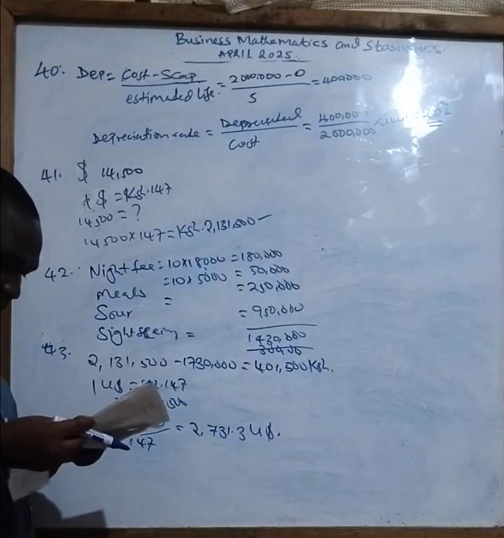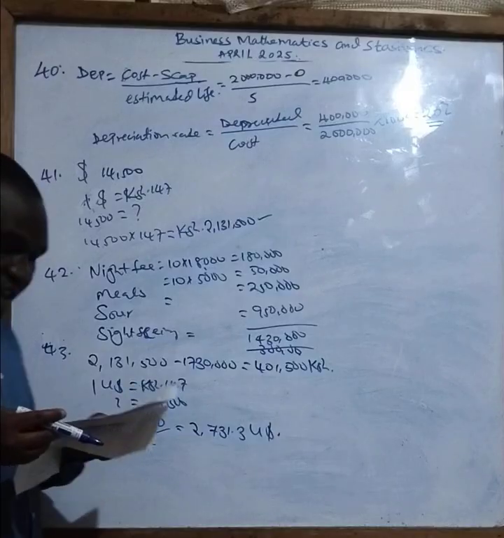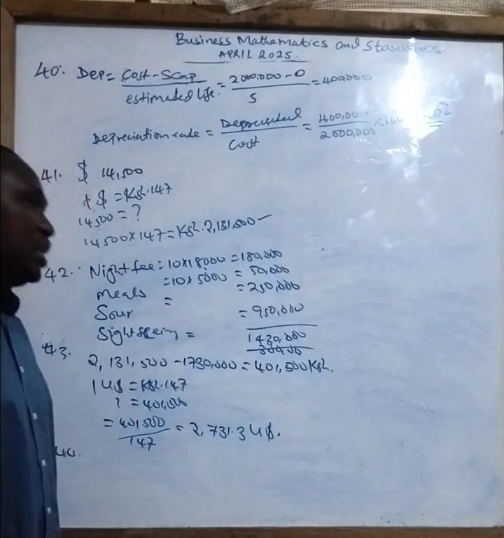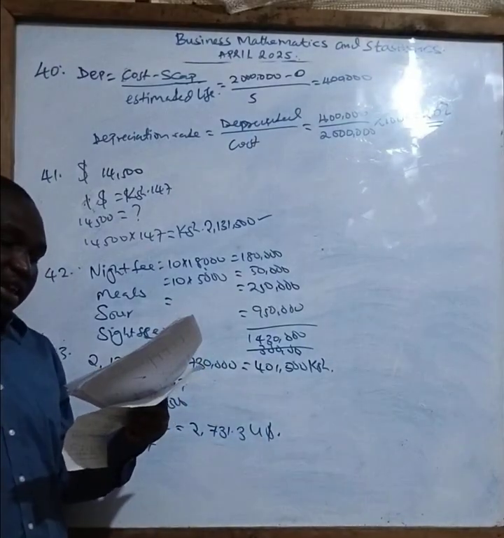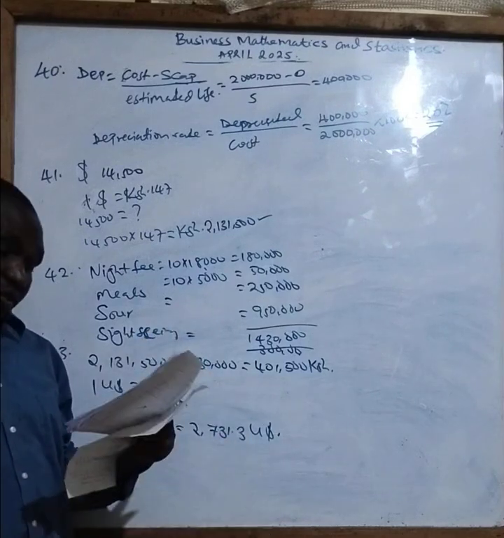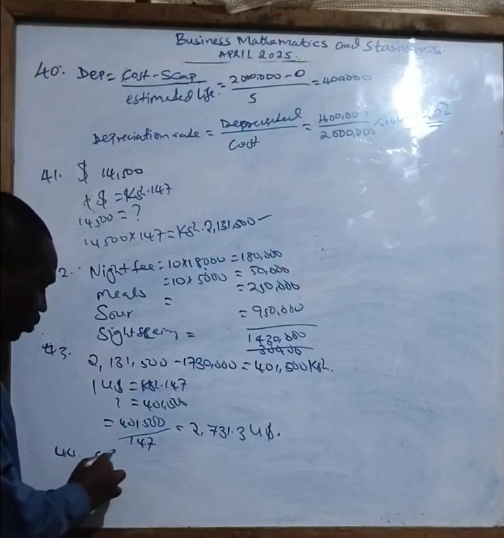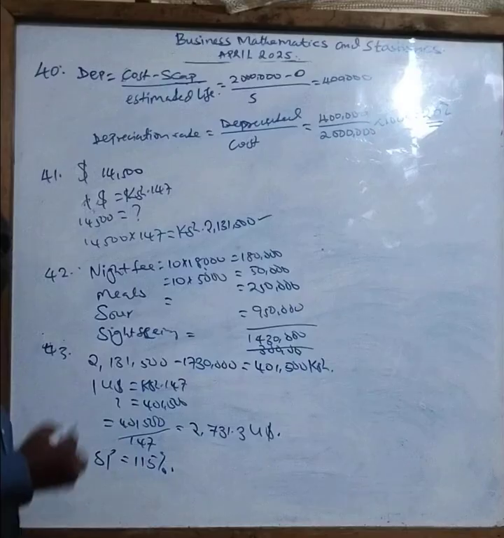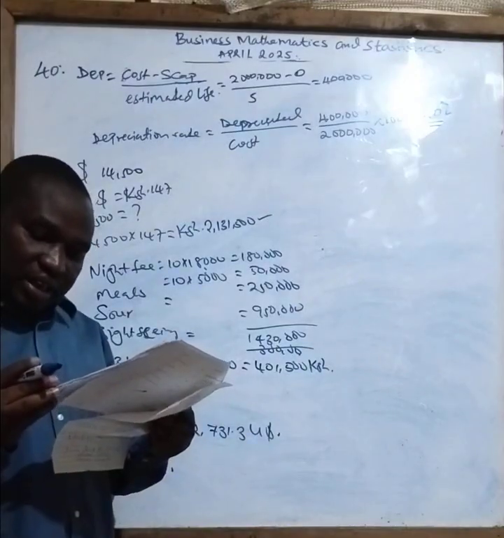It says a trader sold a kilogram of nails at 360 shillings at a margin of 15. So he's selling a kilogram of nails at 360 at a margin of 15. So what is the selling price, class? Our selling price will be 115%, because he's selling at a margin. Margin means profit. So calculate the buying price.